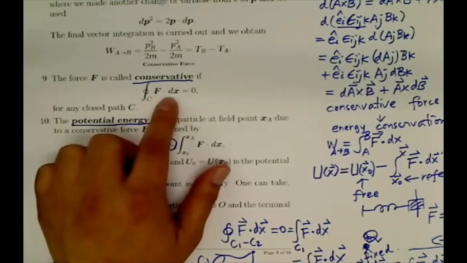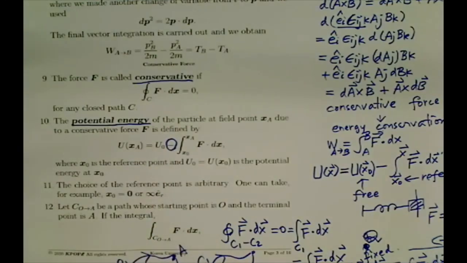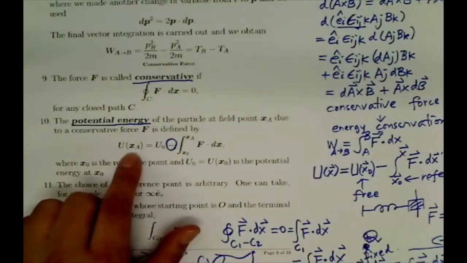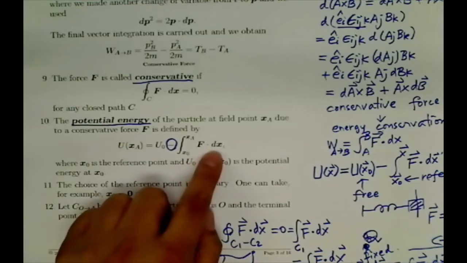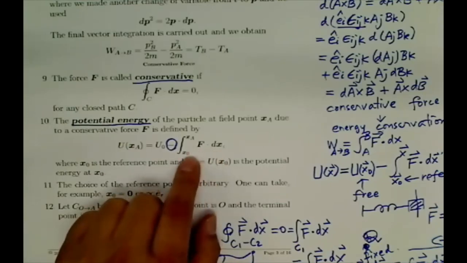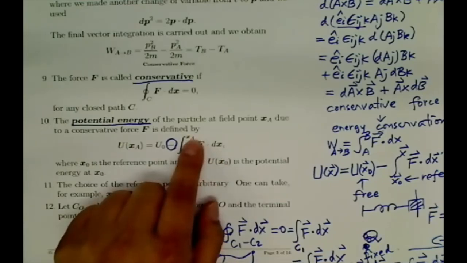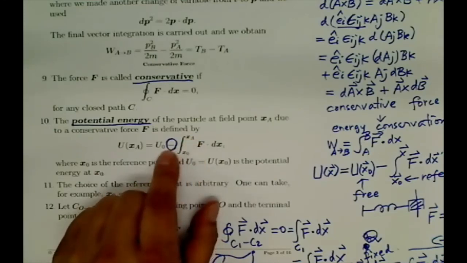Once the force is conservative, the work from point A to point B is defined independently of the path. And only the point dependent function is called the potential energy. That is the work done by the force from a reference point to an explicit point given, up to over negative sign.